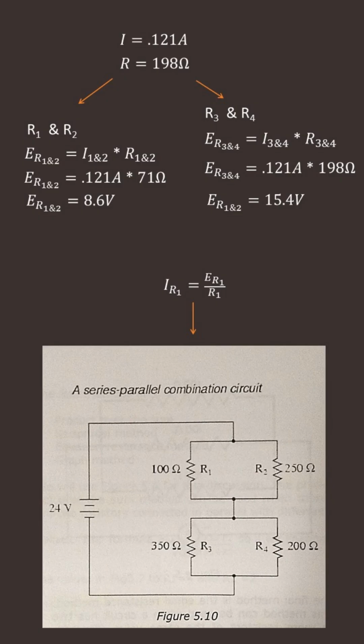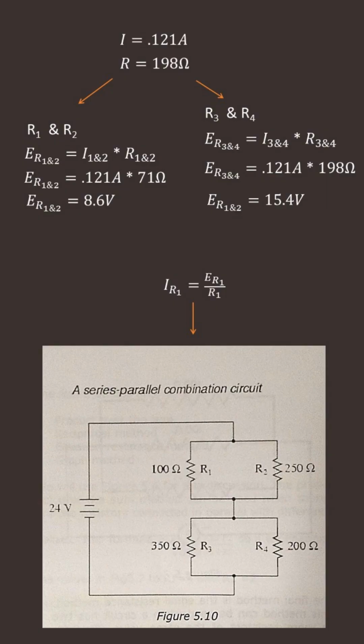The first leg will be ER1 and 2 equals 0.121 amps times 71 ohms, which equals 8.6 volts. The second leg will be ER3 and 4 equals I3 and 4 times R3 and 4. So ER3 and 4 equals 0.121 times 127 ohms, which equals 15.4 volts.